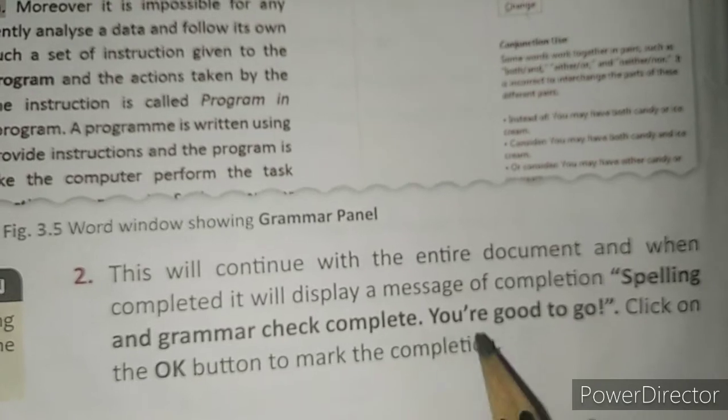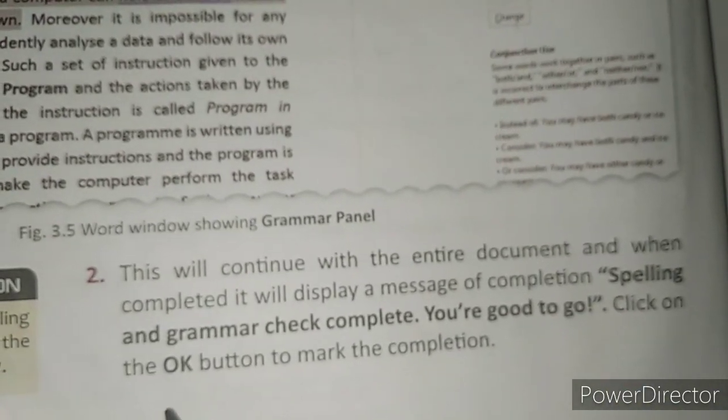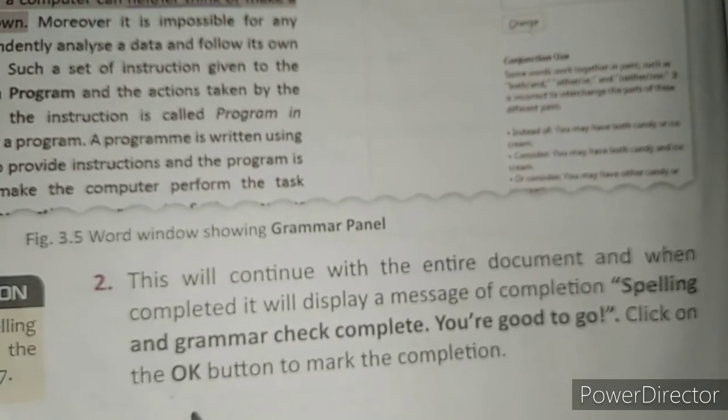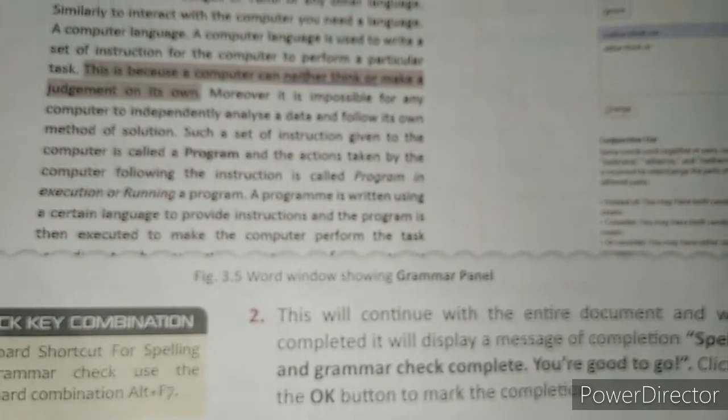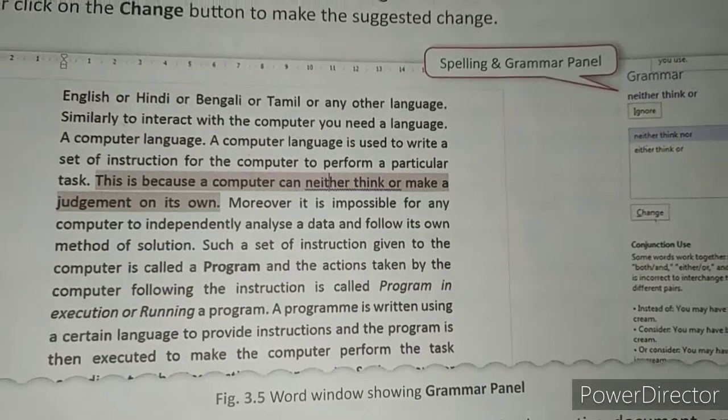Spelling and grammar check complete. You are good to go, and here there will be an OK button. You will have to click on this button, and this is how you can correct all the mistakes of the document, right?